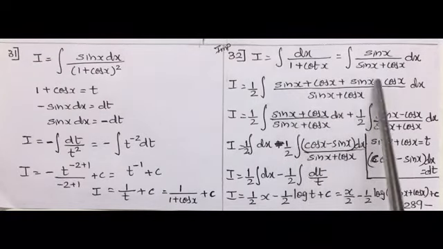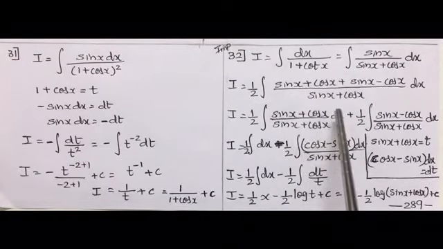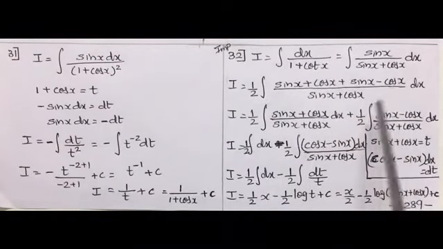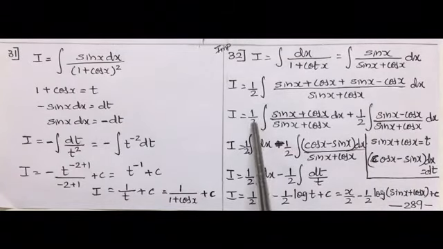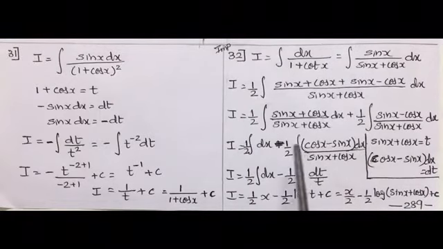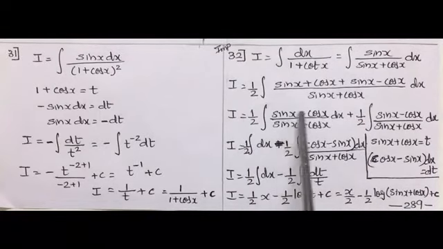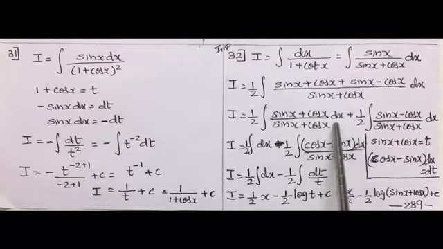Now separately dividing both. That means the first two terms are divided and then the next two terms are divided. So dividing that, we are taking half with both. So half sin x plus cos x divided by sin x plus cos x dx.